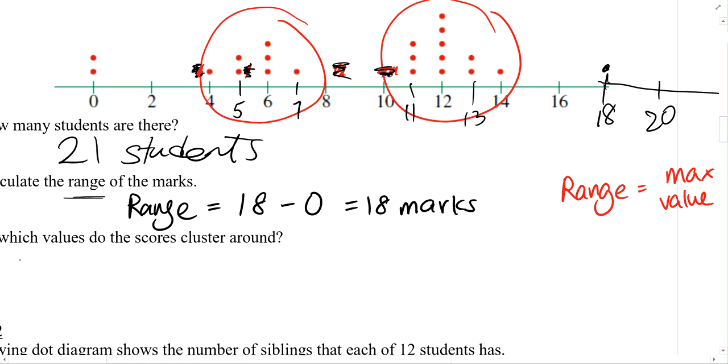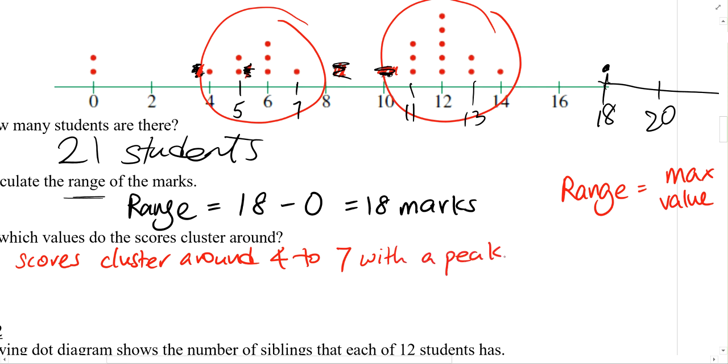So my answers will be: scores cluster around 4 to 7 with a peak at, where do you think the peak is? 6, yeah.